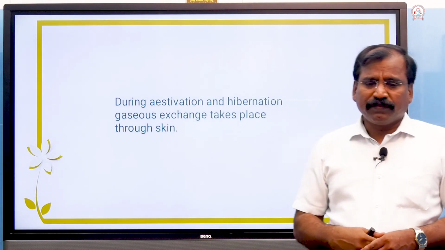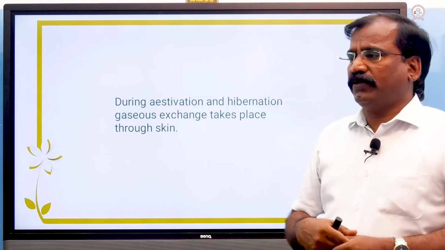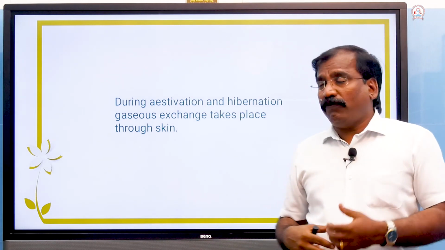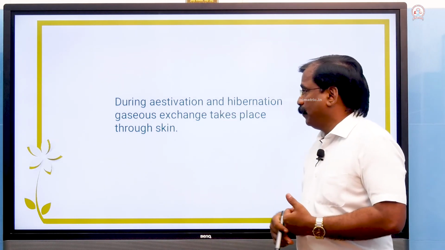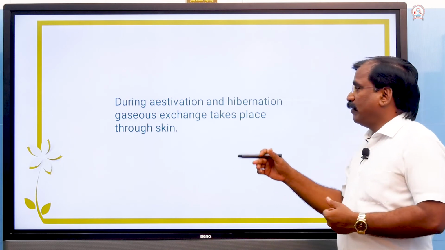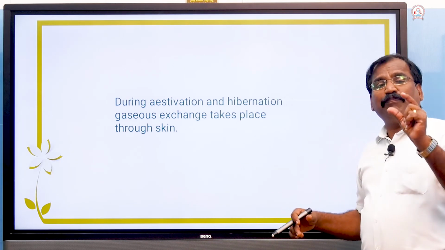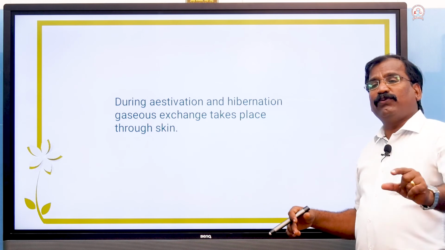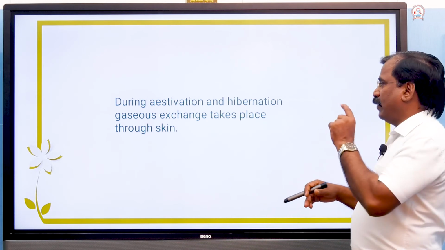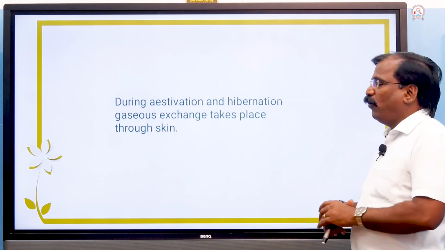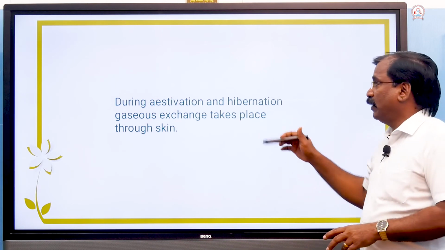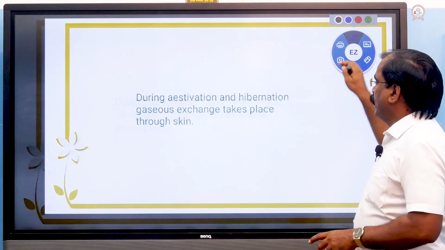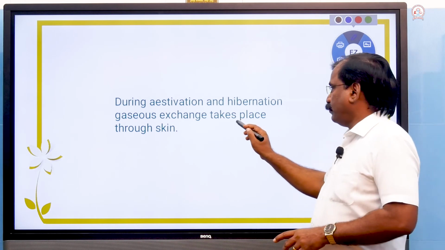Next is, this is a unique feature for this. At the time of the estivation and the hibernation, it respires only through the skin. That is, cutaneous respiration alone takes place when the animal is, this is important, one mark question. This is important, one mark.